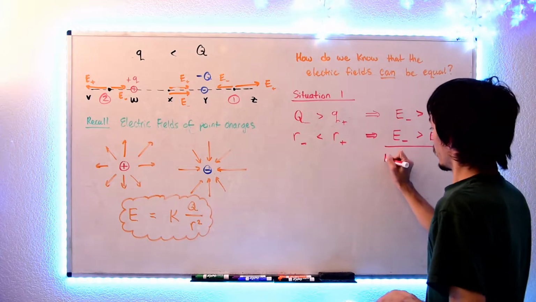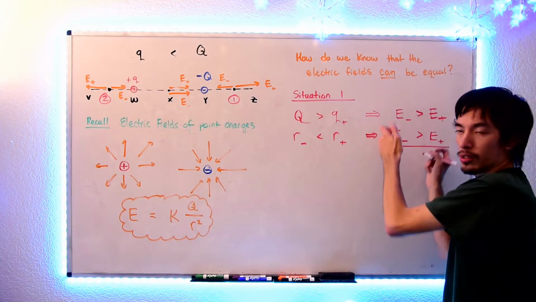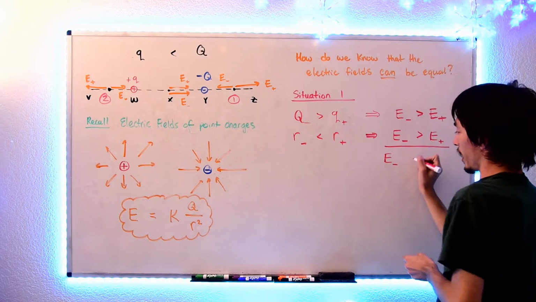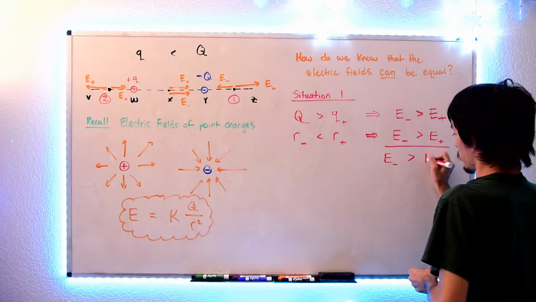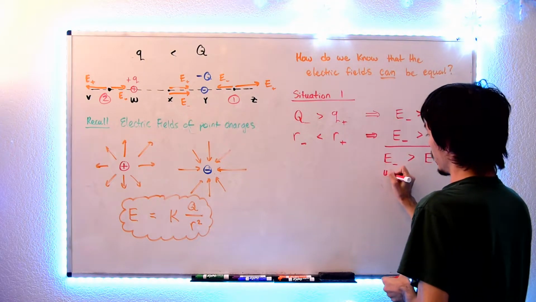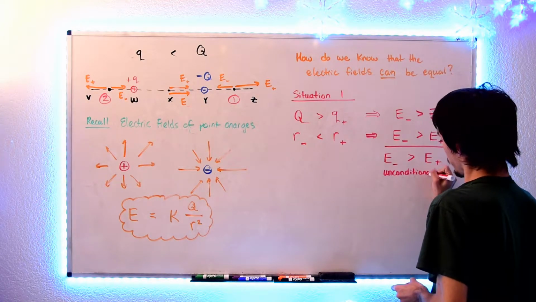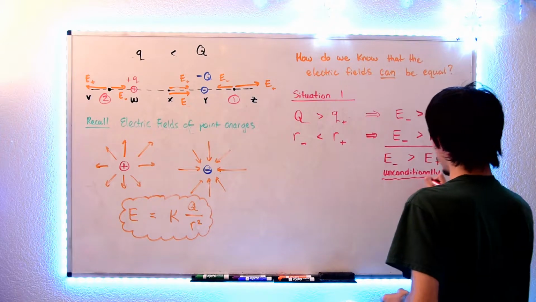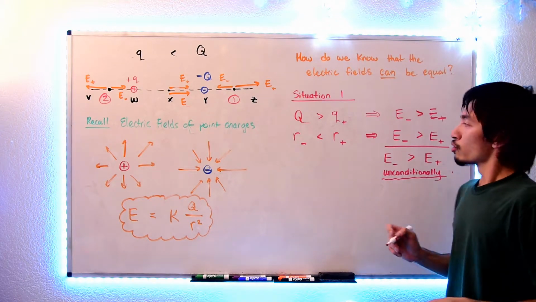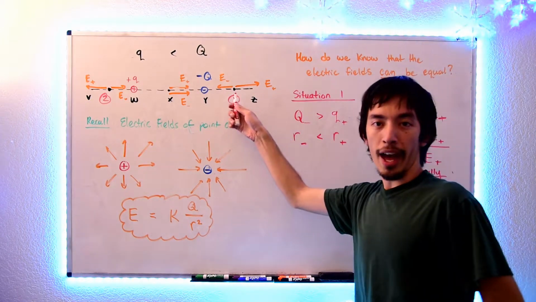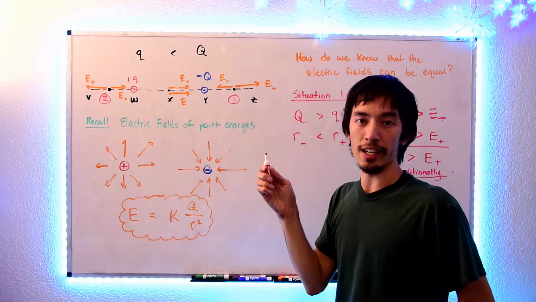Okay, so the result of these two says that E negative is larger than E positive unconditionally. Okay, unconditionally. So the answer cannot actually be on the right side.